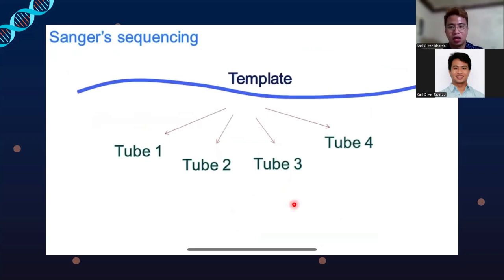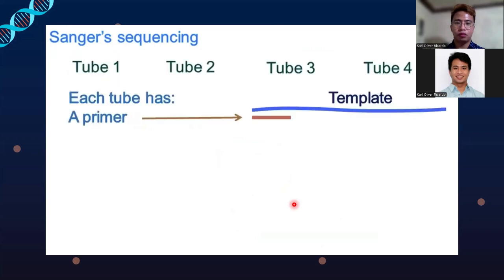Okay, so for example po, dito sa Sanger sequencing method, where the template DNA is actually sequenced and let's say na-divide sa four tubes. So, each tube, tube 1 to 4 natin, meron siyang kanya-kanyang primer that will bind to the template of the DNA.